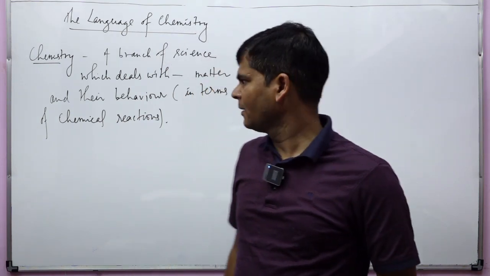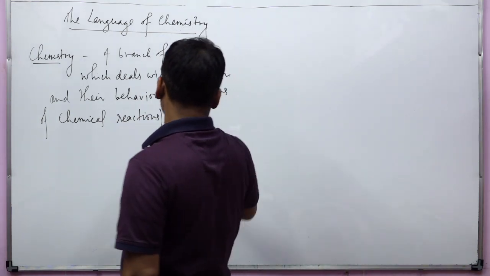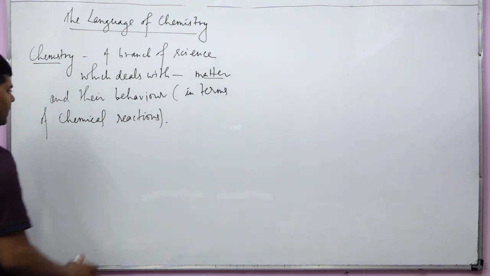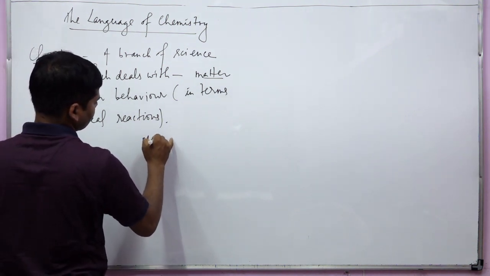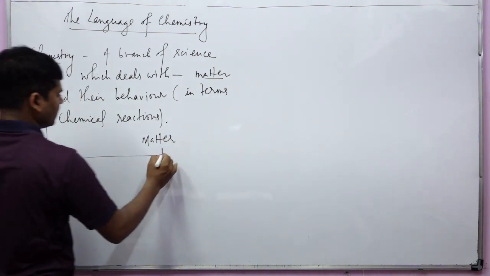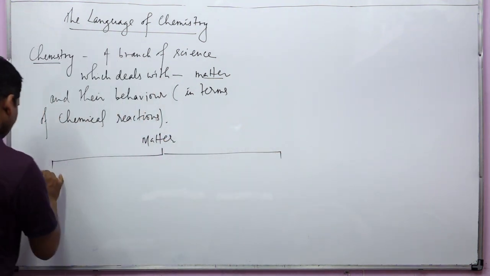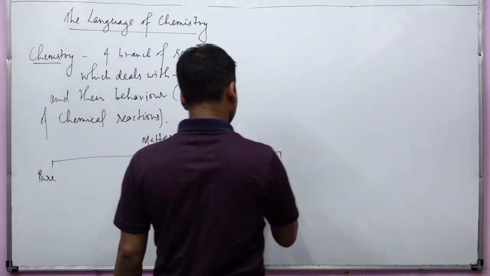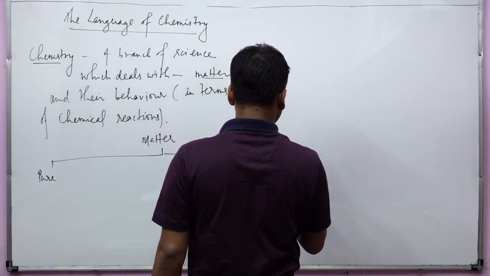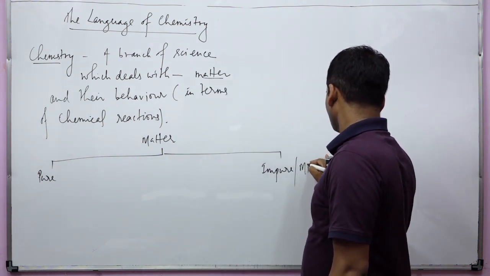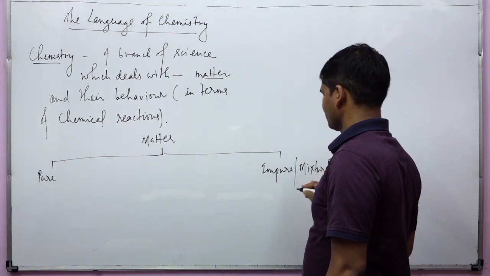And when we start about matter, we need to have a basic idea that matter may be a pure substance or it may be an impure substance, which we call a mixture.